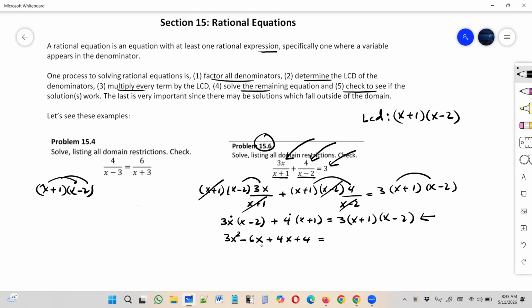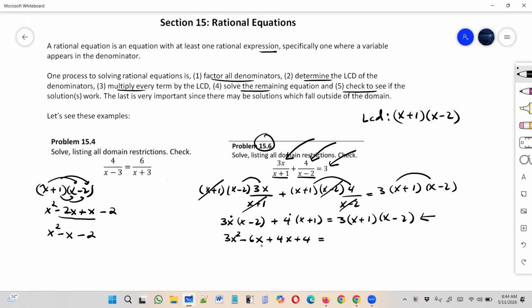So x times x is x squared, x times negative 2 is minus 2x, plus x, and minus 2. So x squared minus 2x plus x minus 2. And then we combine these two: x squared minus x minus 2.